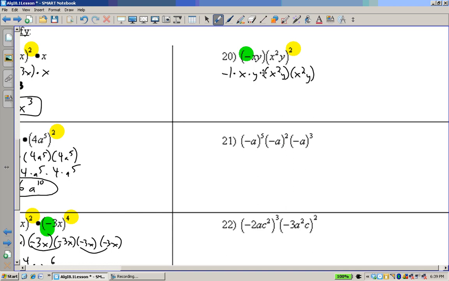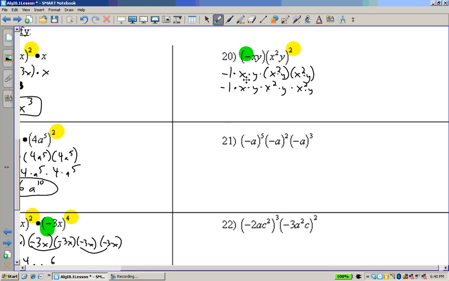Now, look at these. Do I have any exponents here? No. So I can drop these parentheses because it's all multiplication, number 1. And number 2, there's no exponents messing me up. So I have negative 1 times x times y times x squared times y, etc. So let's count the x's.